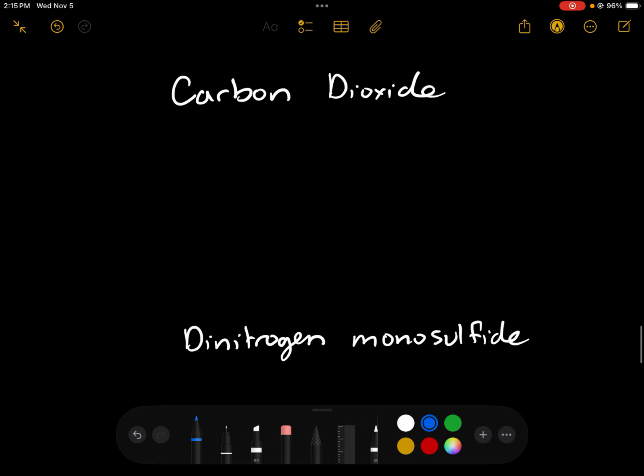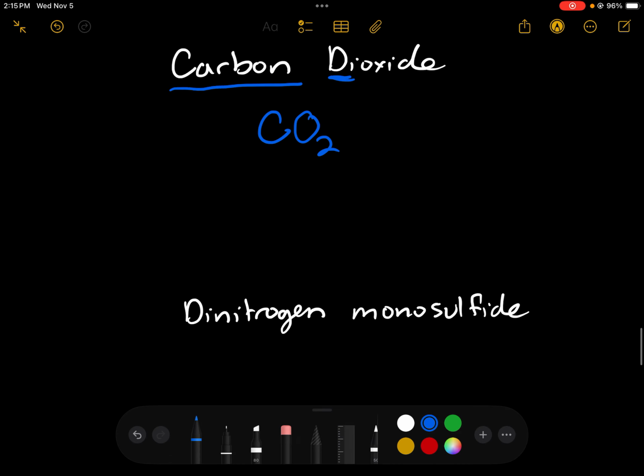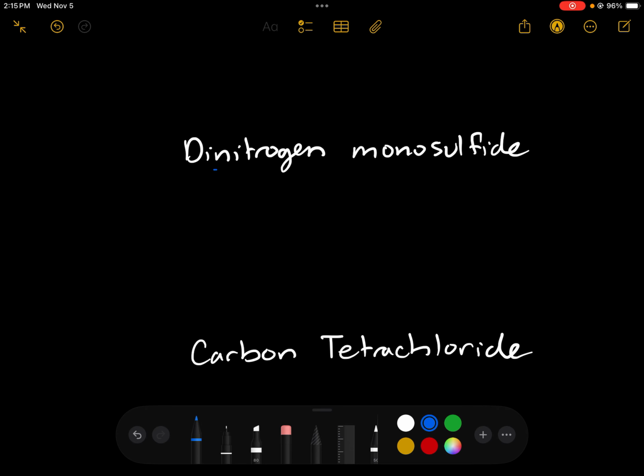So, knowing those things, let's practice writing some formulas. Carbon dioxide is our first example. I don't see any prefixes in the word carbon, so we're going to assume that there is 1 carbon. I see the prefix di in oxide, so that means there's going to be 2 oxygens, and my formula is CO2. For my next one, my first element is nitrogen, and I see the prefix di, so that means there's 2 of them.